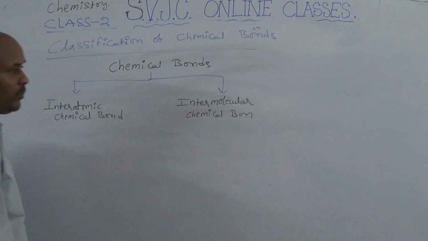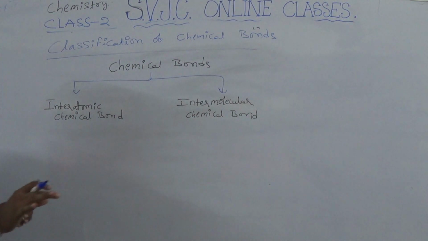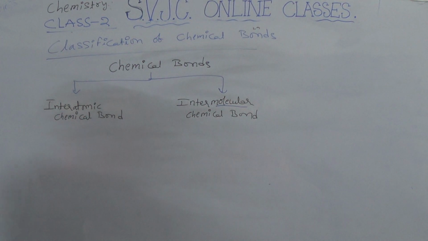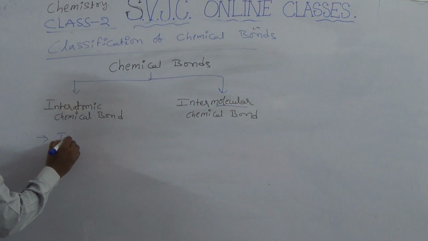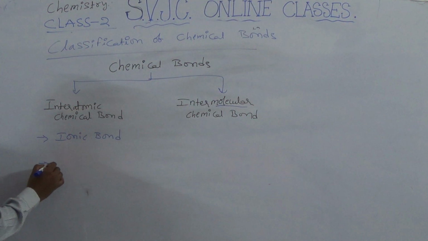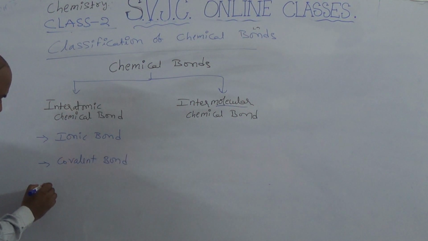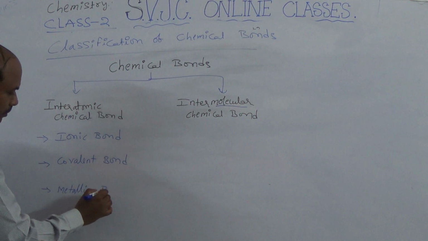And an intermolecular chemical bond means the chemical bond that exists or forms between two molecules. Interatomic chemical bonds are again of three types. The first is the ionic bond, the second is the covalent bond, the third is the metallic bond.